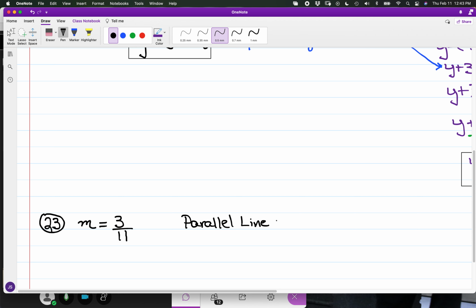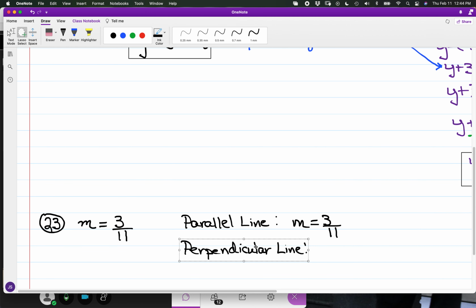So again, for a parallel line, parallel lines are going to have the same slope. So in this case, the slope is equal to 3/11. And for a perpendicular line, the relation between the slope values of perpendicular lines will be opposite sign reciprocals.